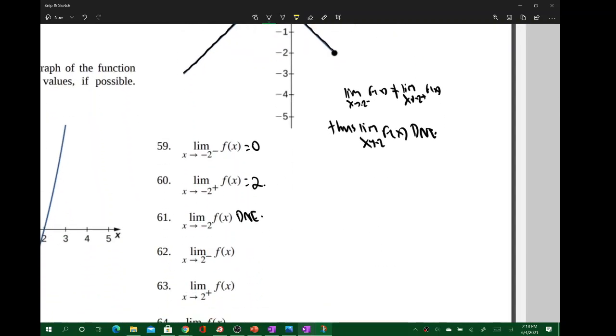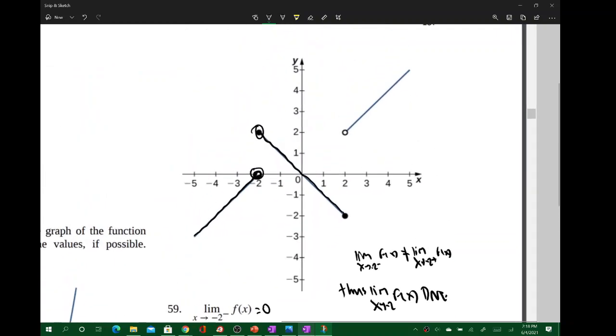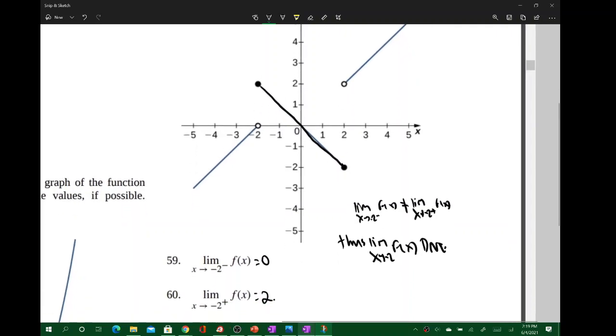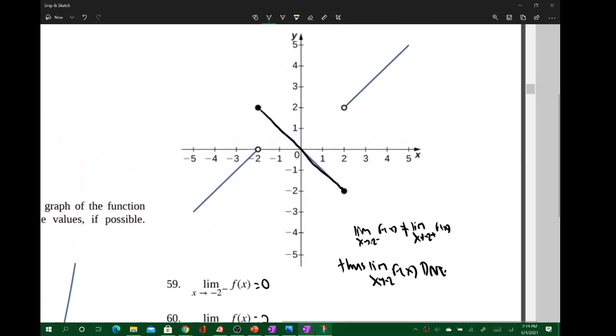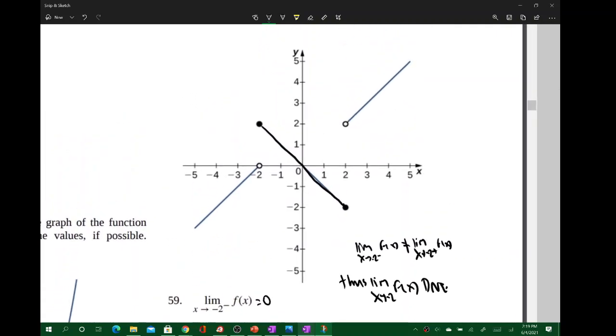And then it says the limit as x approaches 2 from the left. So let me do this again. Now we're going to 2, not -2. So we're going to go down to 2 from the left of f of x. It's going to go to -2.